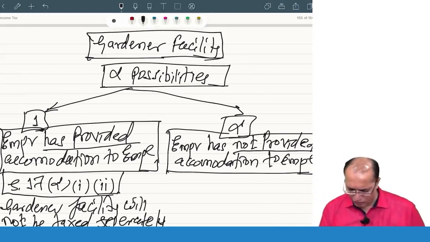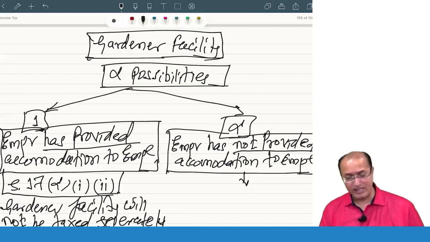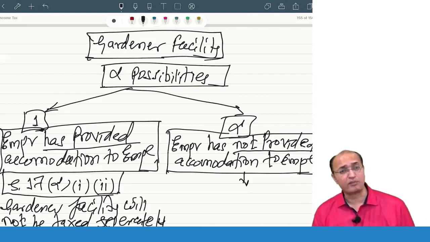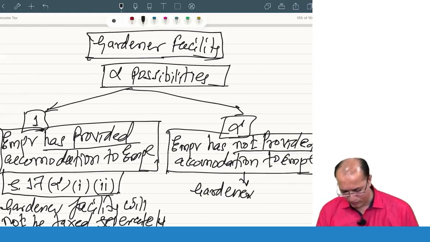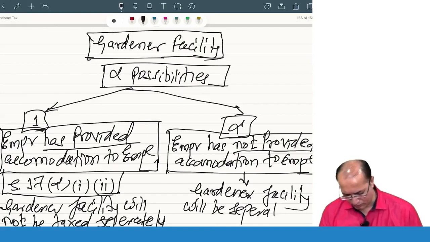But if the employer has not provided any accommodation to you, and has only provided you the gardener facility, in that case this gardener facility will be separately taxed.